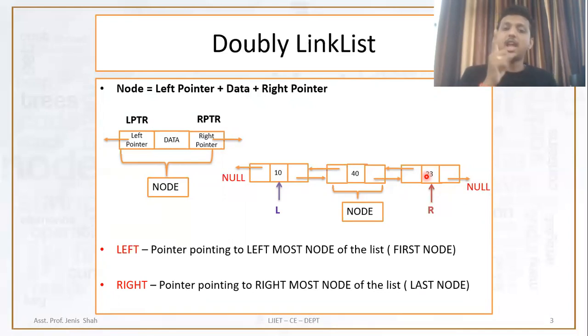L is a pointer which points to the first node, or the leftmost node, of the Doubly Linked List, whereas R is a pointer which points to the rightmost node, or last node. Again, the link is known as LPTR and RPTR. Here I am not going to use the word link, but instead I am using LPTR and RPTR. Students, again I am informing you that in any algorithm for a linked list, you just need to draw a figure for that.